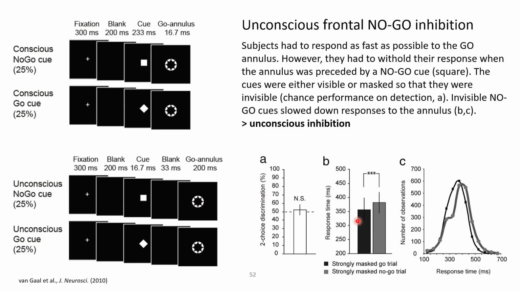Well, for one thing, even though in this case these unconscious no-go cues are not perceived, you will still see that there's a difference between this situation and this situation, in the sense that response latencies to this go annulus are longer for the no-go trials than for the go trials. So there is some sort of inhibition making the responses to these go annuli slower. And this is the distribution.